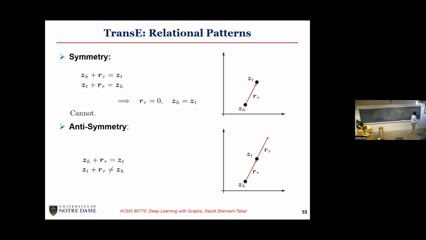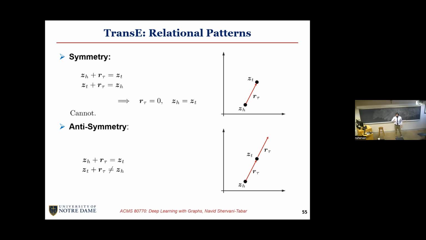For symmetry, what it means is that if I have a ZH and it is connected with some relation type tau to a representation ZT, I should be able to also connect ZT with the same relation type to ZH, right? So I write that as ZH plus R tau is equal to ZT, and ZT plus R tau is equal to ZH.